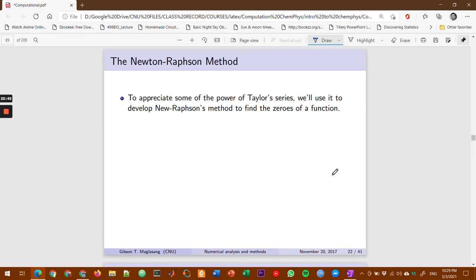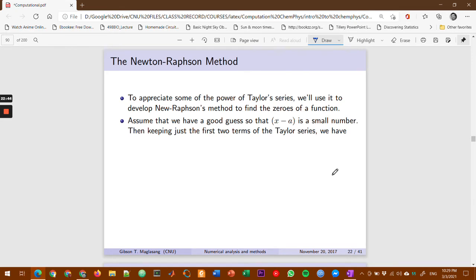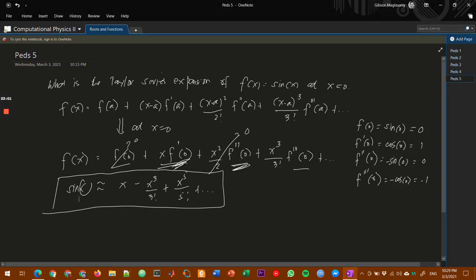First, we'll assume that we have a good guess. Okay? We assume an initial point. Say this one is a very small number. Then, keeping just the first two terms of the Taylor series expansion, looking back at the expansion, this term is enough. We can drop the rest.